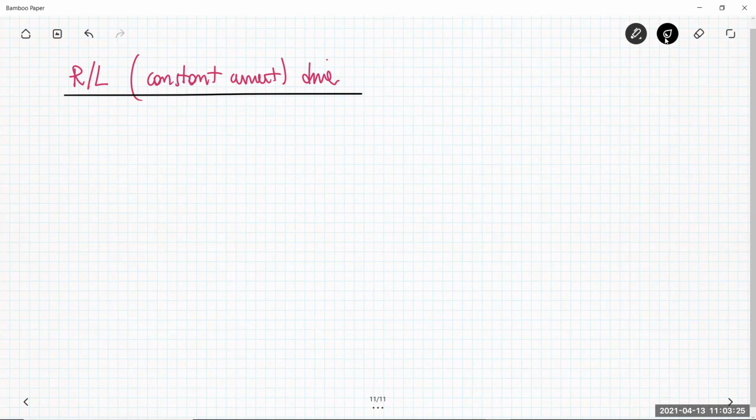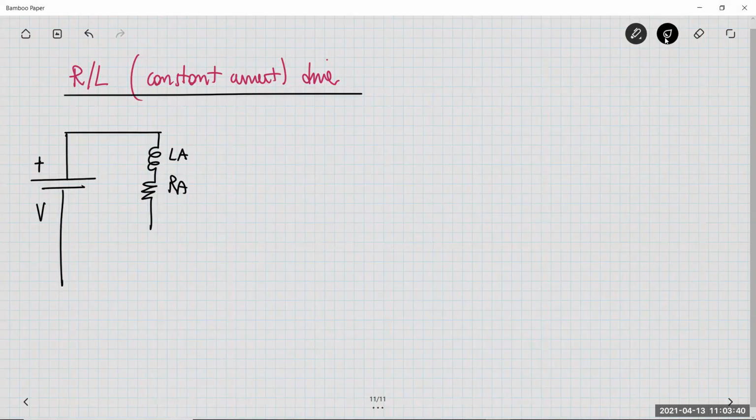Let me just consider this circuit, which is basically the same circuit we are used to considering so far, which is LA, RA. This is our phase, the model of the phase. These parameters are defined in the datasheet.